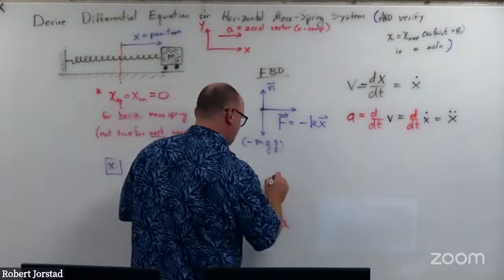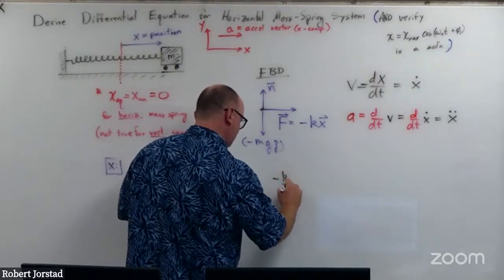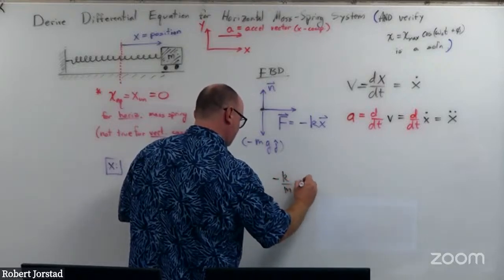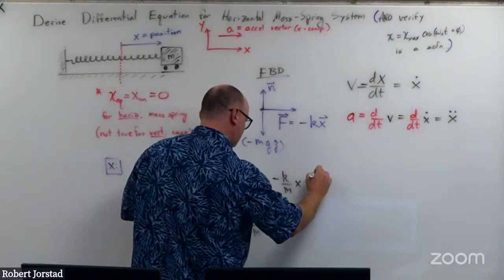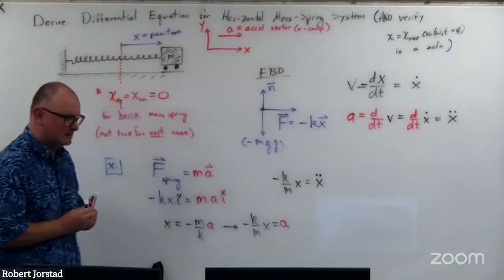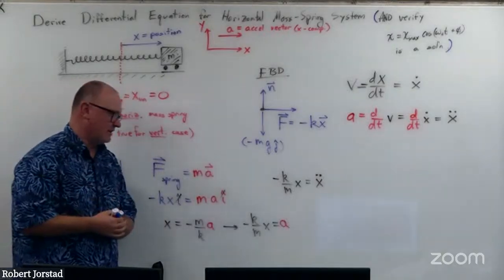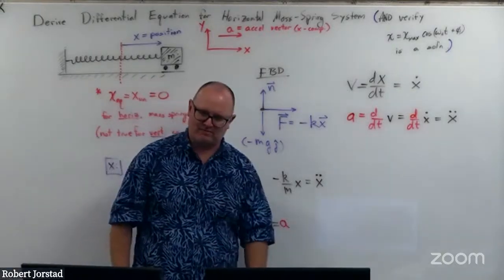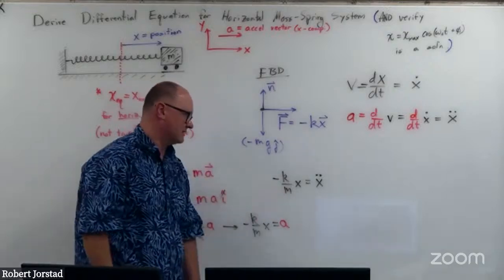Notice I get this, and this is how you'll often see it written, certainly as a junior and senior, but by the end of your sophomore year, this is usually how we're writing things.